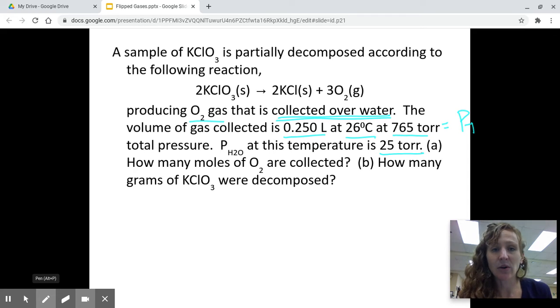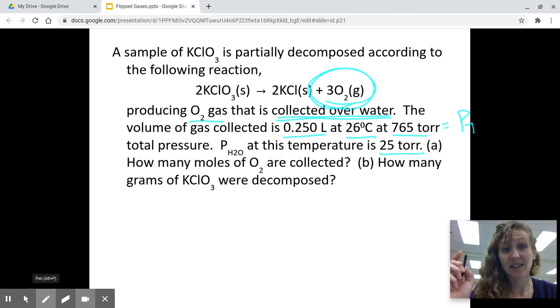If you go on Google right now and you just Google, what is the partial pressure of water at 35 degrees Celsius? Boom, it's going to give you an answer because this stuff has been cataloged. So the nice thing is you don't have to figure out both partial pressures. The partial pressure of water can be looked up. And then you only have to worry about the partial pressure of the gas that you're producing. Okay, so that's why they give you partial pressure of water, because it is in a book and you can look it up. How many moles of O2 are collected?